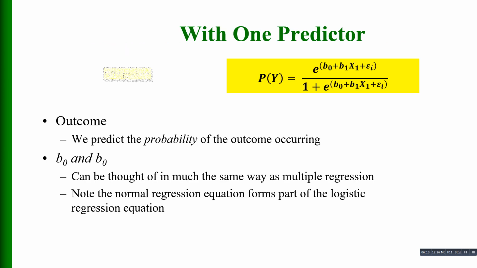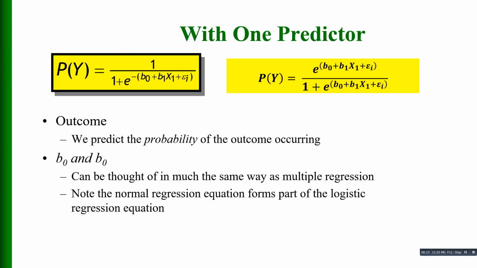Let us suppose I start with a very simple case in which there is only one predictor, and that predictor is a dummy variable which has two categories. Now here you see that the probability of y, that is the probability of the outcome occurring, is given by 1 divided by 1 plus e raised to the power minus (beta naught plus b1 x1 plus epsilon i).